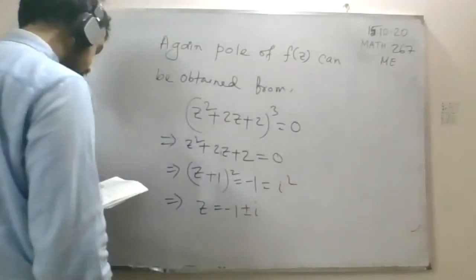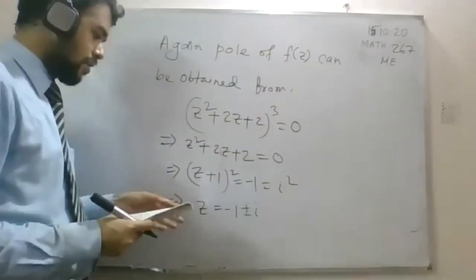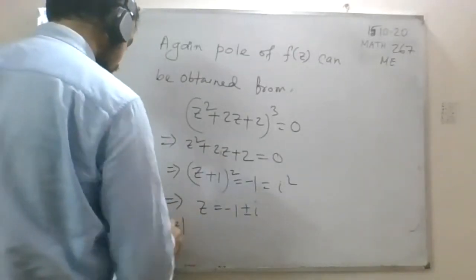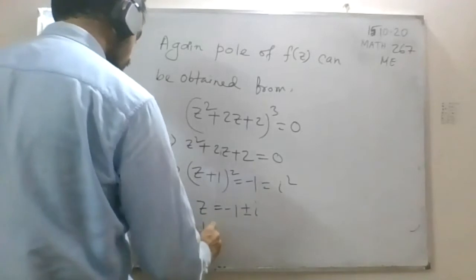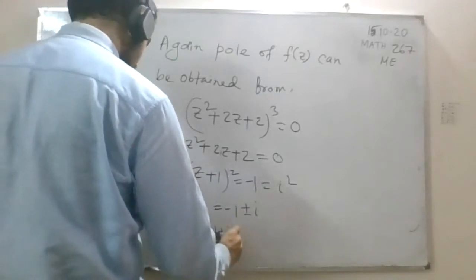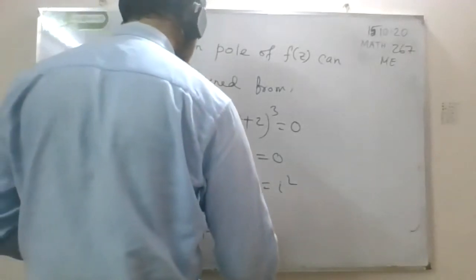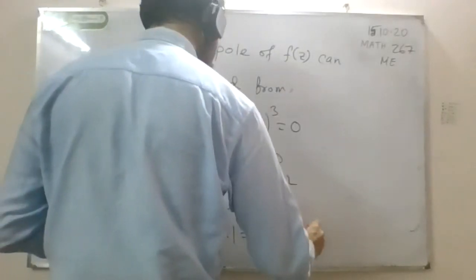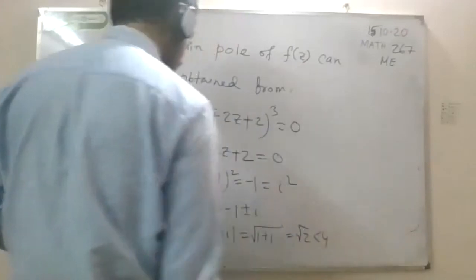Now you also have to check the modulus of z. For z equals minus 1 plus i, the modulus equals root of 1 plus 1, so this is root 2, which is obviously less than 4.